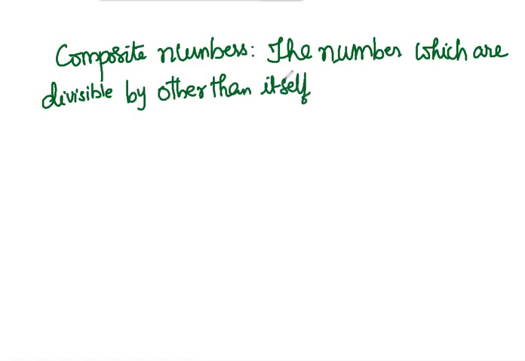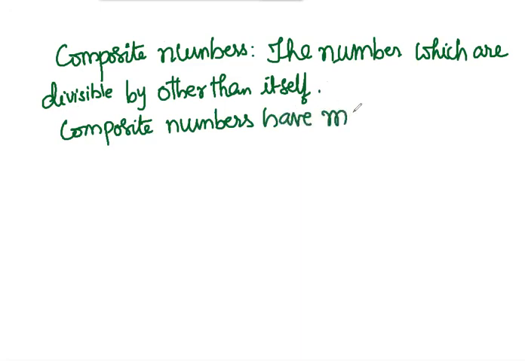That means other numbers also divide these numbers. Every number is divisible by 1 and itself, and other numbers also divide these numbers. So composite numbers have more than 2 factors. More than 2 numbers divide the composite number.